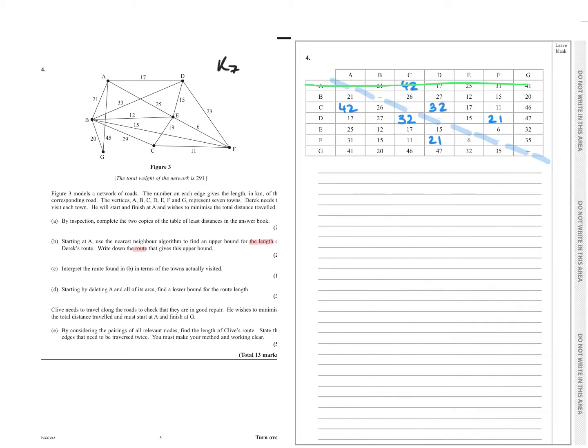So we start at A. The nearest place to us is D. So as you can see, I'm going to start writing A, D. So D is the second place. The nearest place to D is E. And it's really good to get into the habit of this.